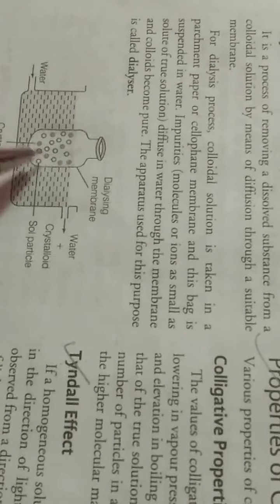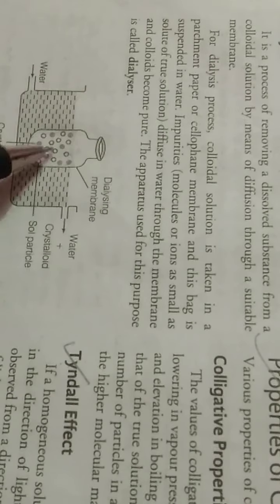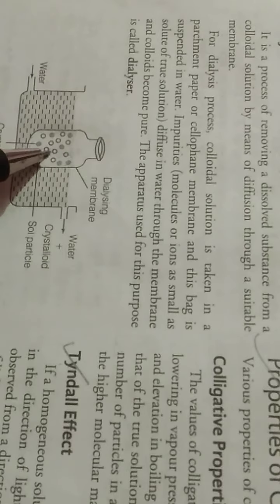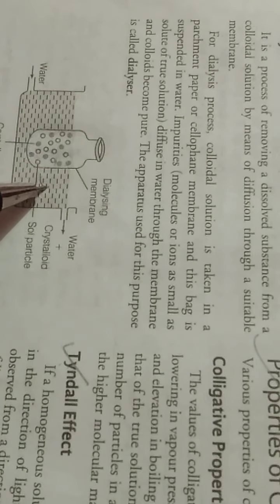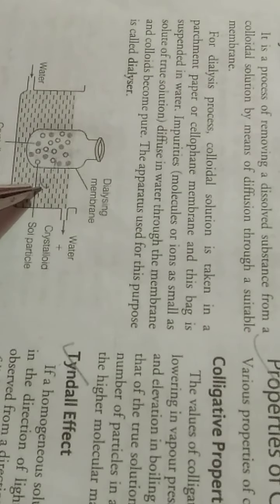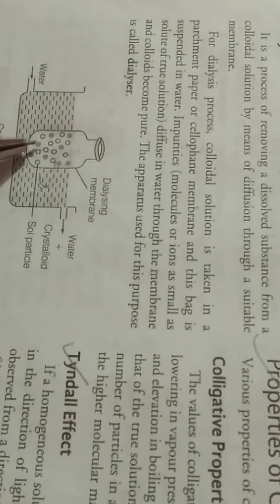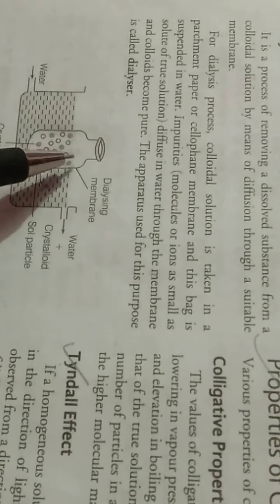Now what happens? As the time passes on, the impurities from this colloidal solution will tend to move out from this bag to the container having water. यहाँ से बाहर की तरफ impurity move करेंगी. तो जब अंदर से बाहर की तरफ impurity move करी, तो इस process को हमने बोला diffusion.